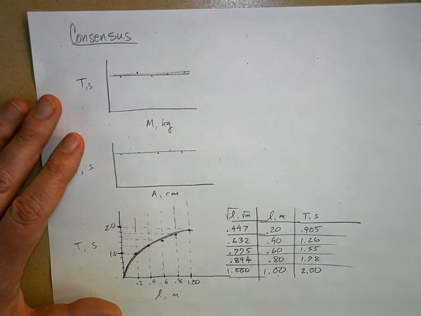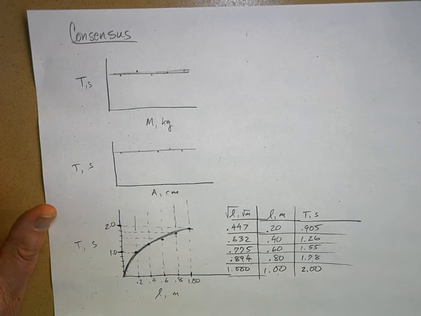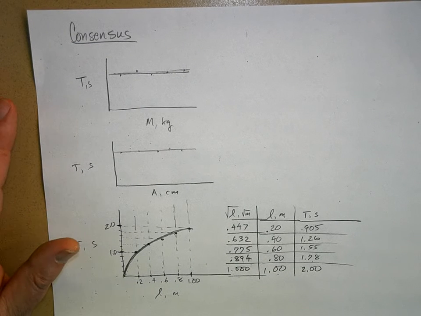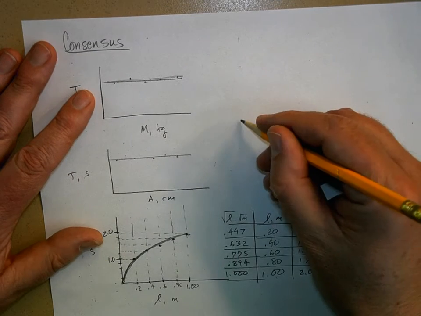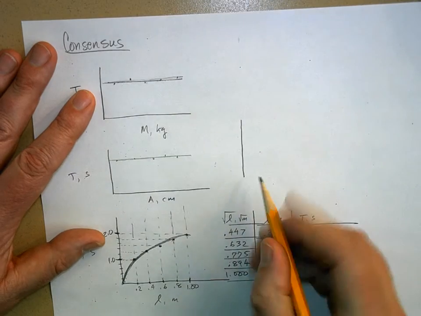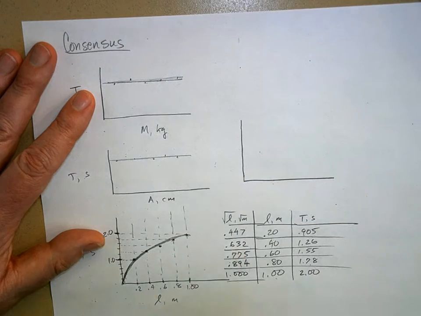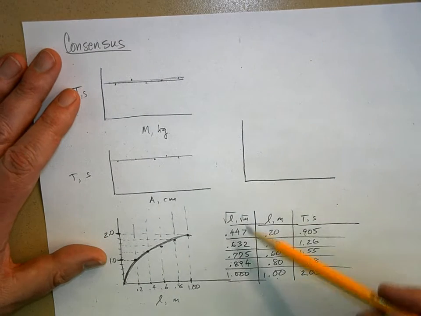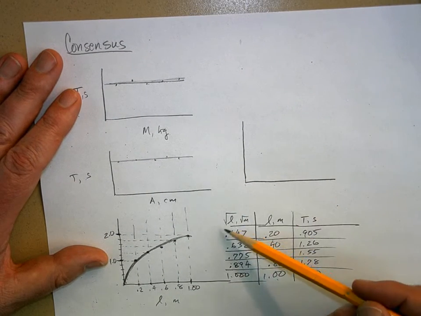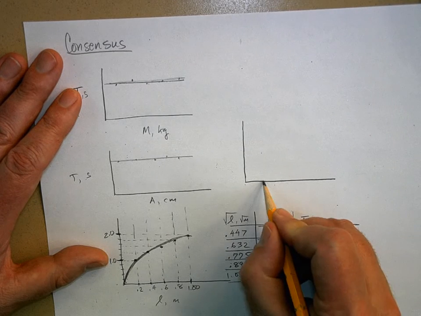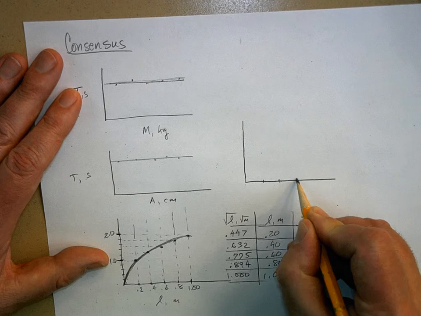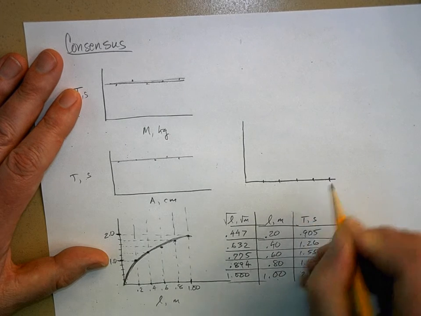Okay, so if the period is a function of the square root of L, we should get a graph that's a little different. So let's graph it. It should come out to be linear. So square root of L goes from 0 to 1, with ticks at 2, 4, 6, 8, 10.